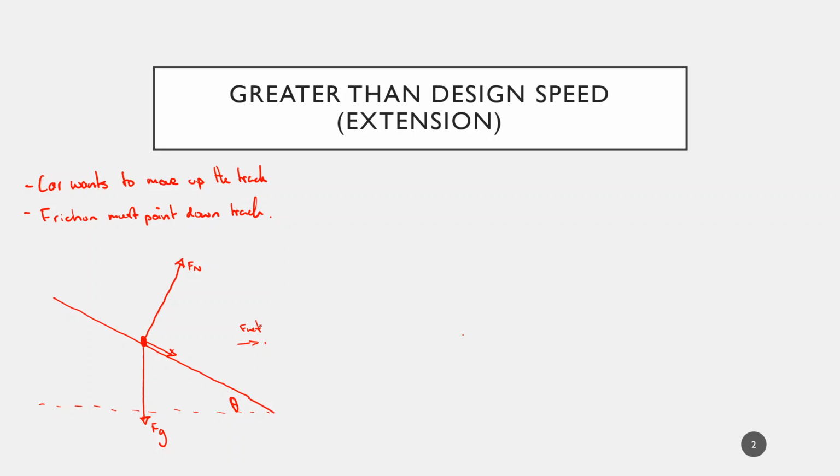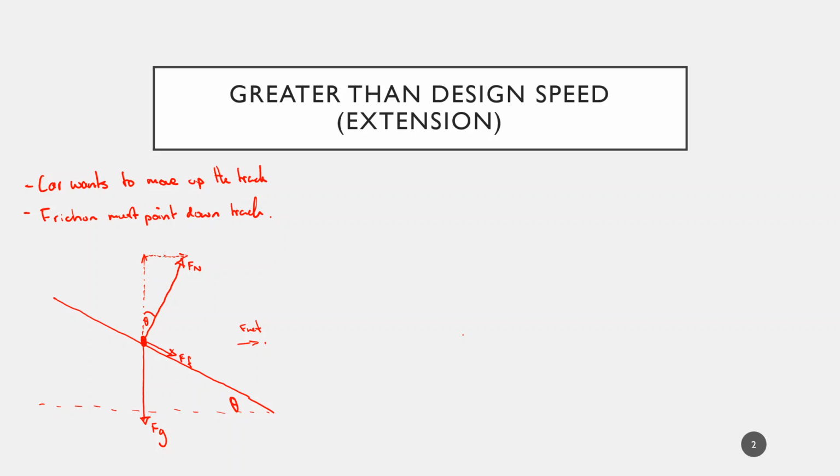Okay, so let's decompose our normal force and friction into components. We've got a vertical component for normal, and a horizontal component for normal. Now this angle of your banked curve translates into here, because we've really just rotated this triangle 90 degrees clockwise.